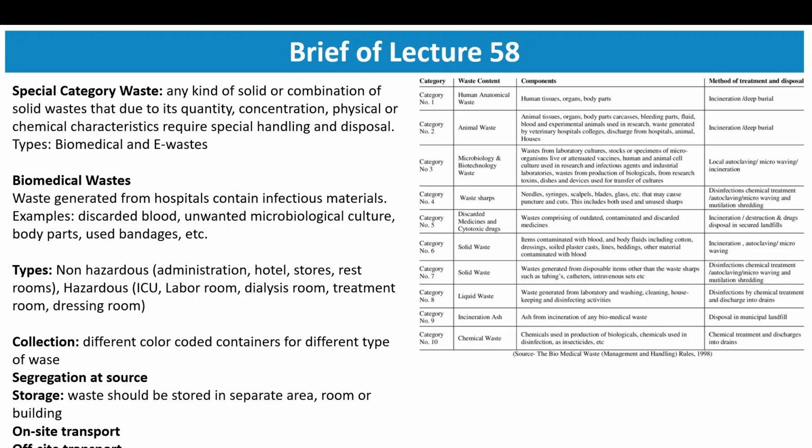Only one category of waste remains which requires special attention, which is known as special category waste. So any kind of solid or combination of solid waste that due to its quantity, concentration, physical or chemical characteristics requires special handling and disposal, is categorized as special waste.